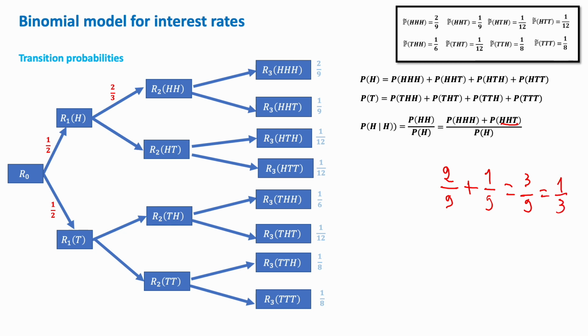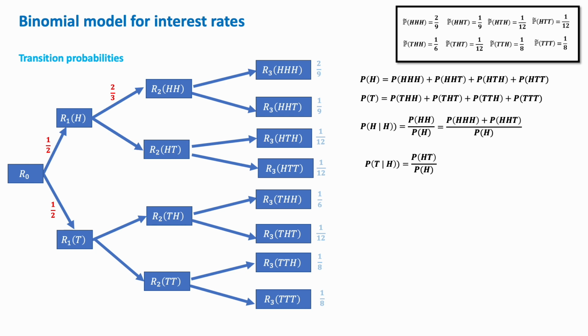So the numerator here is 1/3, and we divide it by the probability of getting H at the first coin toss, which is 1/2. So 1/3 divided by 1/2 is simply 2/3, and that is why the transition probability here is 2/3. Nothing too mysterious there.